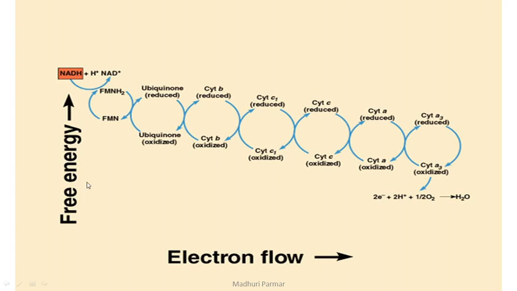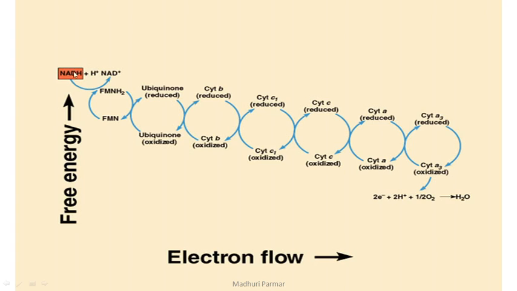As you can see, this is the free energy diagram. On the y-axis you have free energy, just showing you the energy level, and on the x-axis you have energy flow. If you remember, I had shown you reduction potentials in photosynthesis, right? The same thing is shown here. NADH has the highest energy.